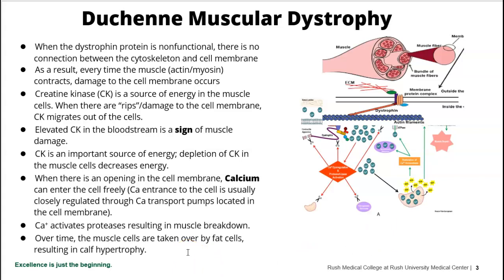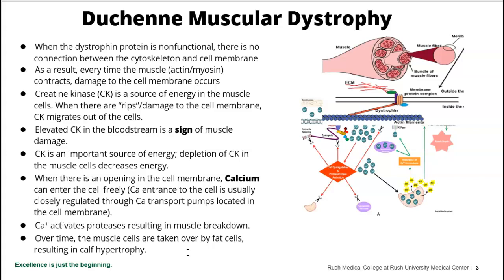To be honest, if I see a baby who's at risk of Duchenne muscular dystrophy and I do a blood test for creatine kinase, it could be 20,000 or 30,000, with normal being up to 100.